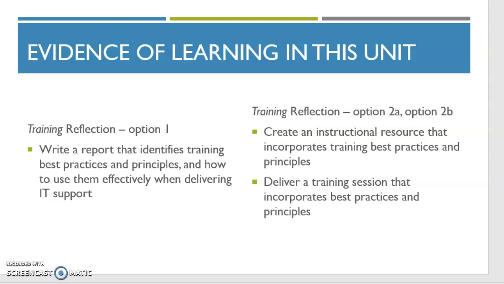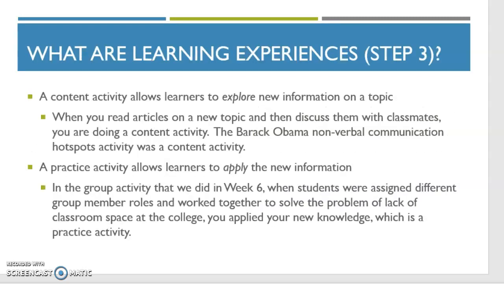Then what I need to do is, now that I've identified that, now I create or design an evaluation. And it's always good for you to know how you're going to be evaluated right at the very beginning. And then I do some learning experiences to help you achieve that learning outcome. I got to teach it to you, right?